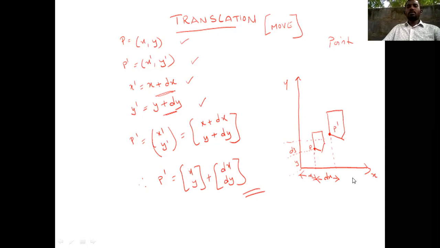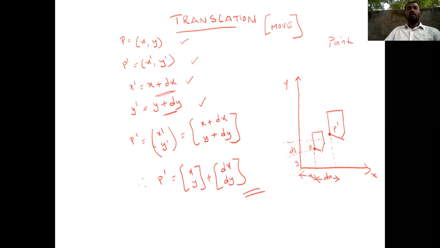The total is x dash equals x plus dx. In the y direction, y dash equals y plus dy. So p dash, the total object, equals x dash, y dash, which is x plus dx and y plus dy. Therefore p dash equals x comma y plus dx comma dy. So this is the translation mathematical proof.